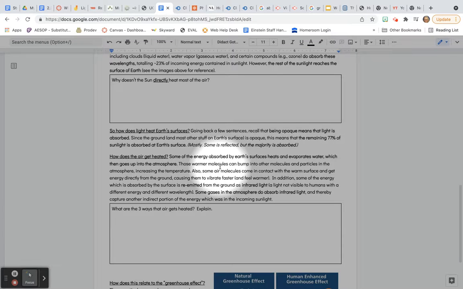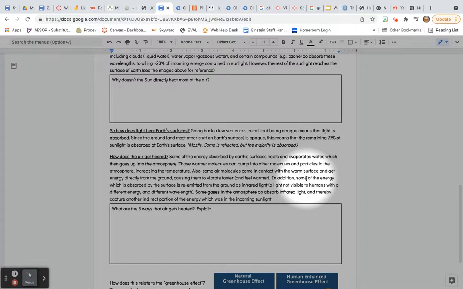Those warmer molecules can bump into other molecules and particles in the atmosphere, increasing the temperature. Also, some air molecules come in contact with the warm surface and get energy directly from the ground, causing them to vibrate faster and feel warmer.